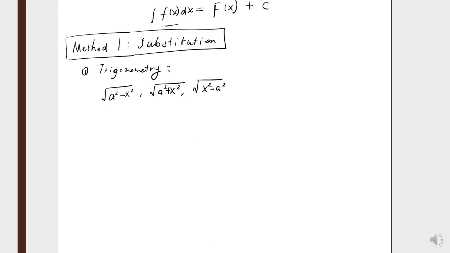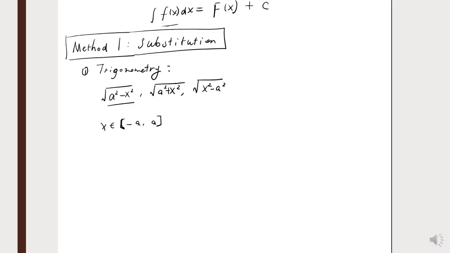So why not start from this? Because we have the square root operation here, the x range is, inclusive, from minus a to a.